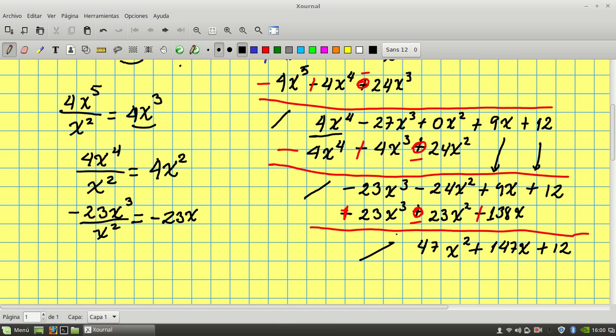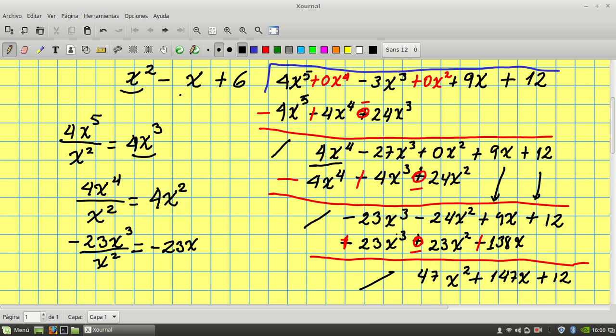So I have to continue because the degree of the dividend is the same as the degree of the divisor. So let's divide. Negative 47x squared over x squared is negative 47.